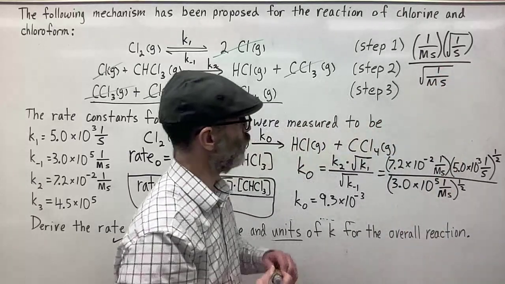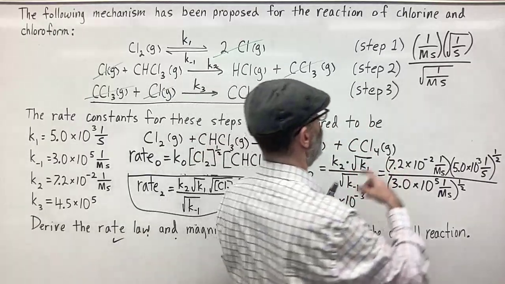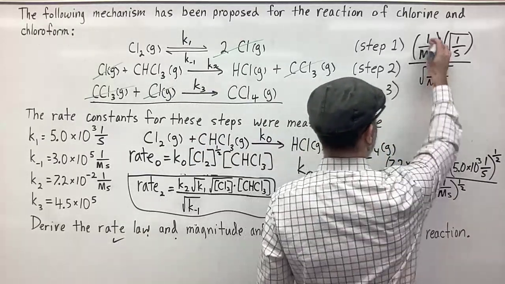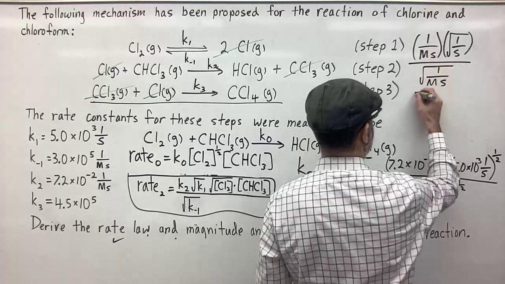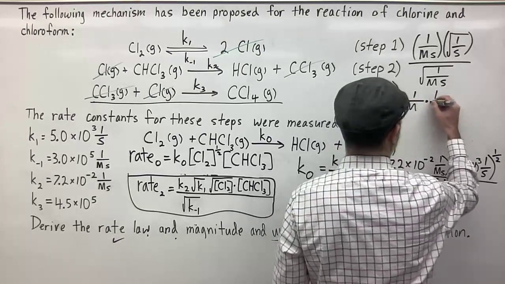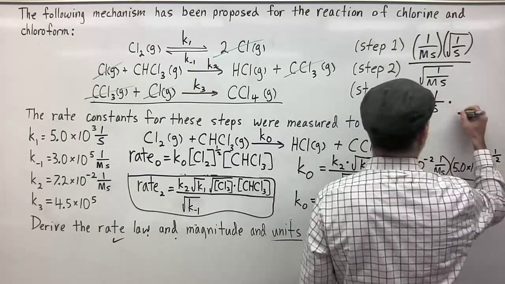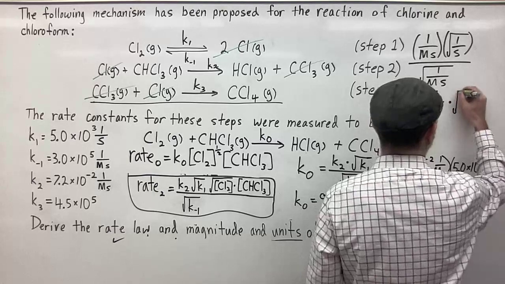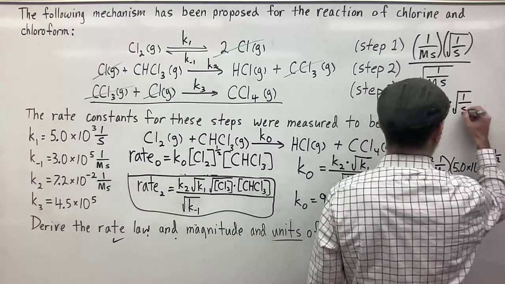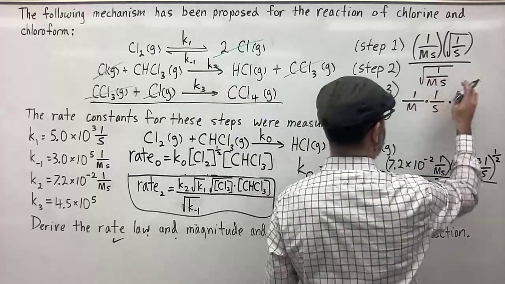So what we can do is separate everything out. Just to make it clear, up here I can separate that out and say 1 over molar times 1 over seconds, and then multiply that by the square root of 1 over seconds. Now I can do the same thing on the bottom.